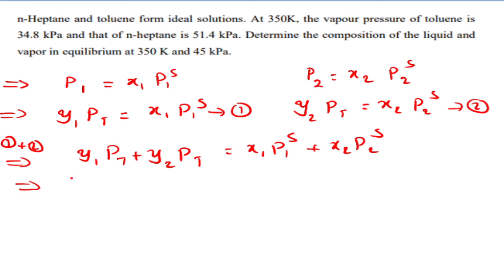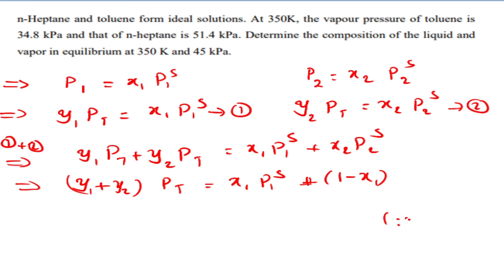If we take out the Pt as common, (y1 plus y2) into Pt is equal to x1 into P1s plus x2 into P2s. Here I can write x2 as 1 minus x1, since it is a binary mixture and the sum of mole fractions of the components is equal to 1. So x1 plus x2 is equal to 1. Similarly, y1 plus y2 also becomes 1.